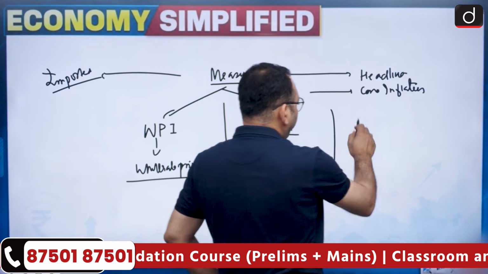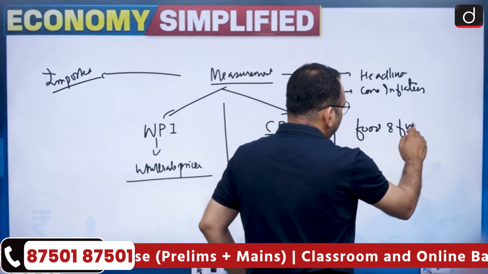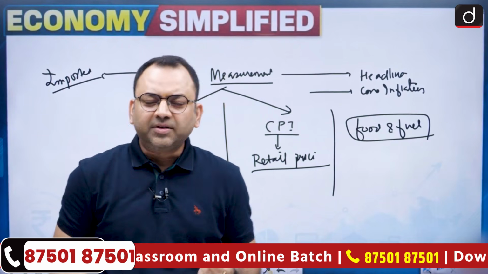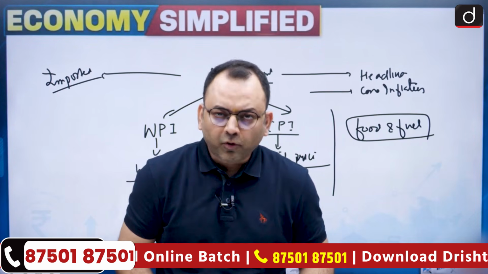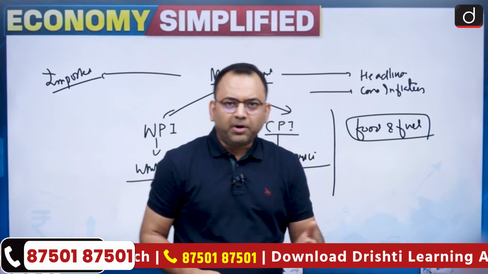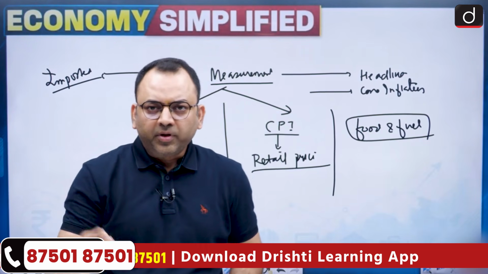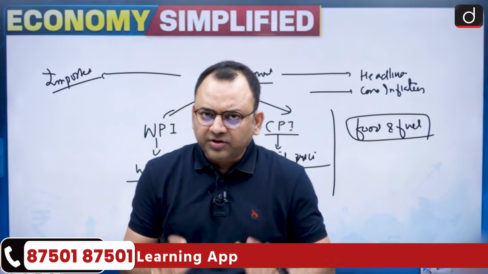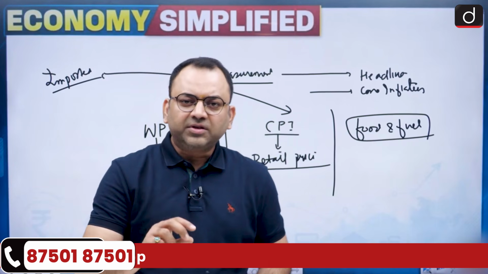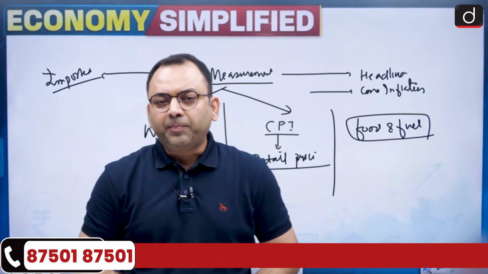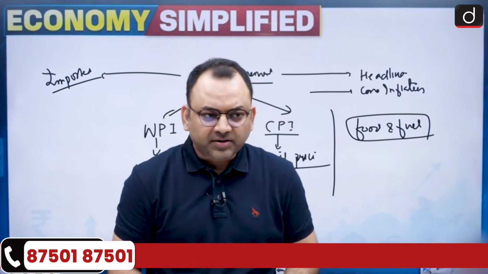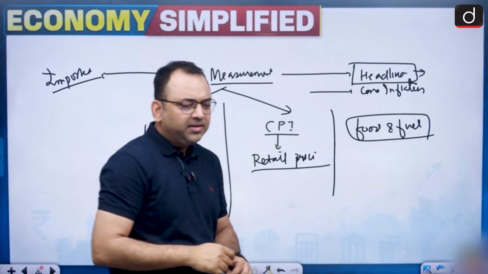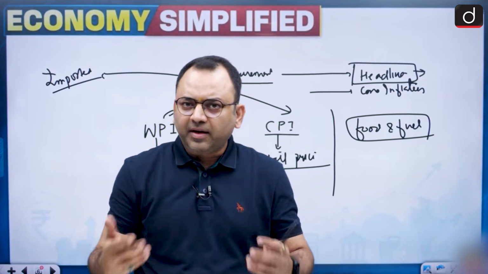That is why the prices of food and fuel are very volatile. Food depends upon the monsoon, again out of control, and fuel is about imported energy. So when we take all the goods to measure inflation, the inflation reflected in the newspapers, which is affecting our pockets, is called headline inflation. It covers every aspect.